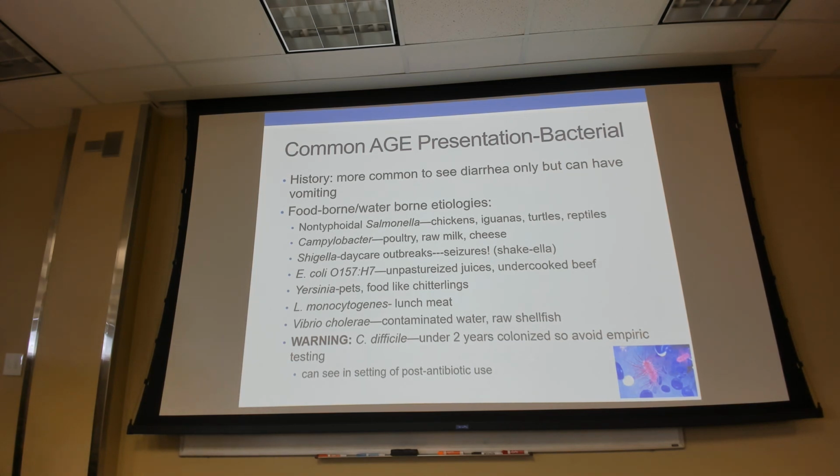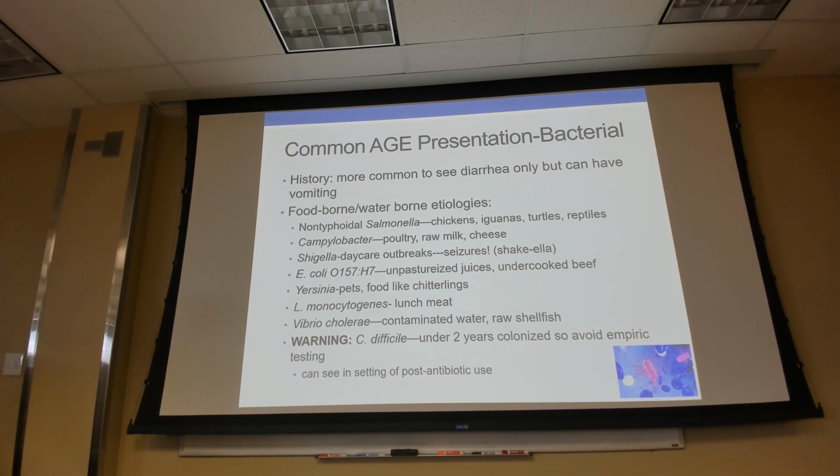Shigella, you're going to think seizures, so Shake-ella. So if you see Shigella, that's going to go with seizures. Your O157 is beef. Yersinia, good old pigs, the chitterlings. Lunch meat, that's one I've been seeing recently for listeria, and then shellfish for cholera. So those should be ones that you just very quickly come to mind because they test them the same way on boards every single time.